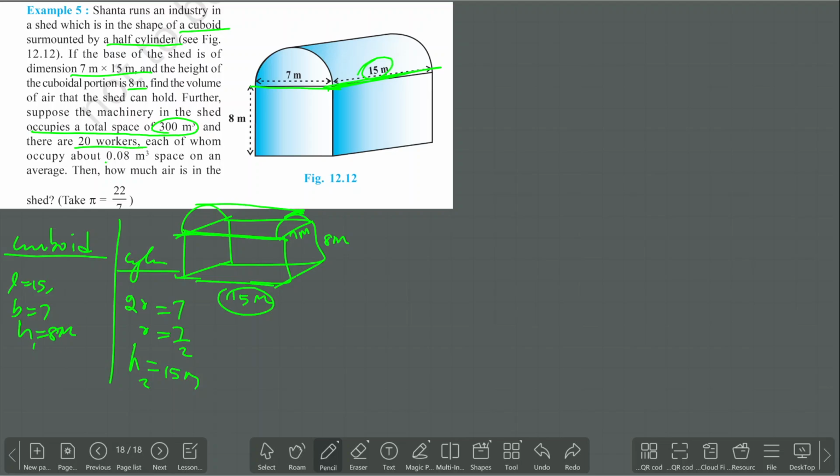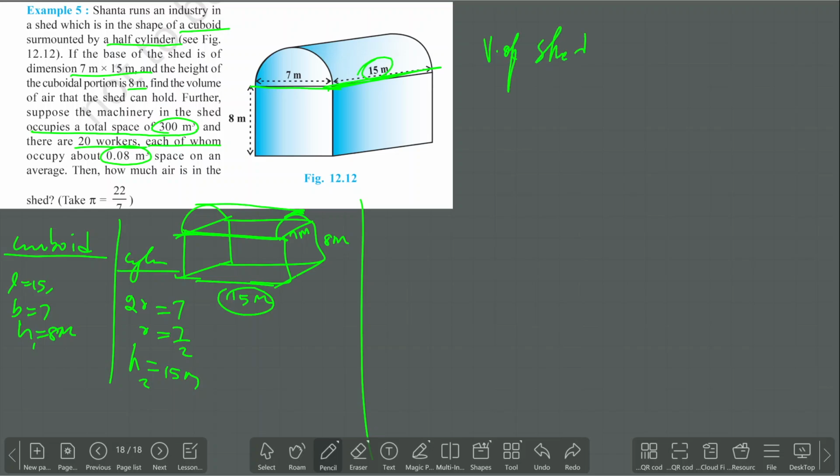They occupy 0.08 meter cube volume each person, on the average. Then how much air is in the shed now, they are asking. Do you understand this question? First you find the volume of the shed. Then what is occupied, you will remove later. Okay.